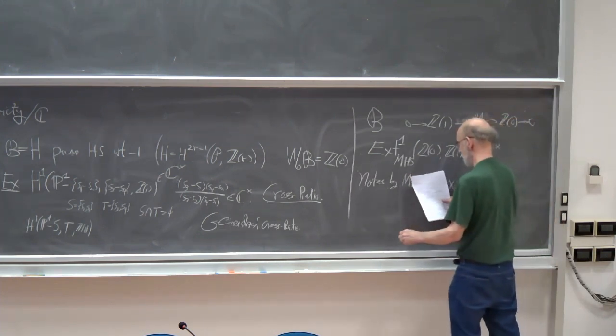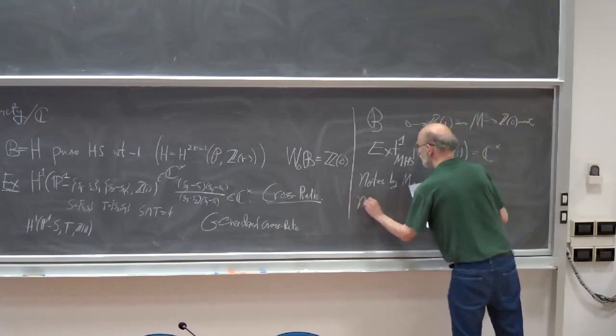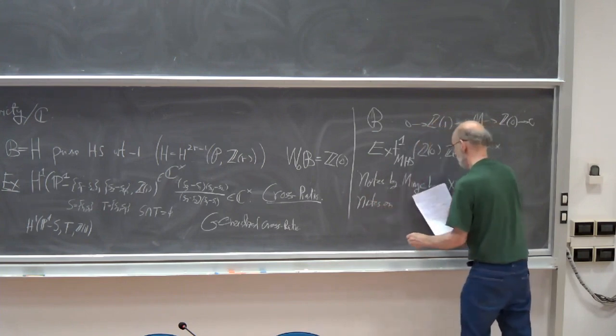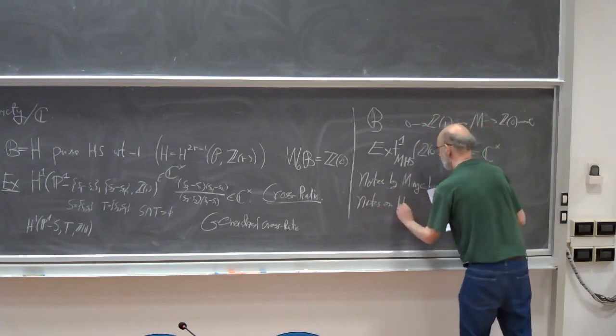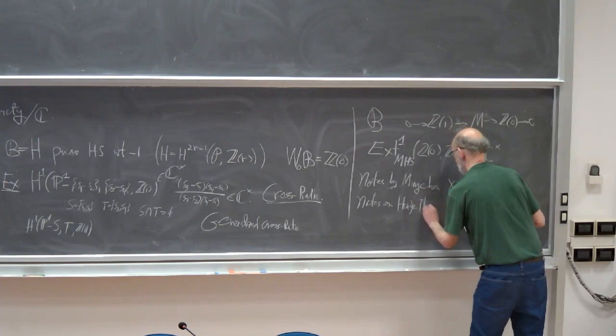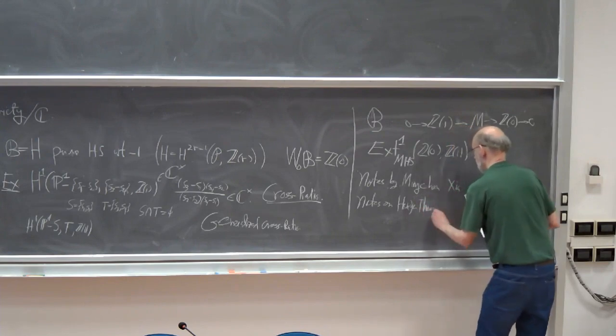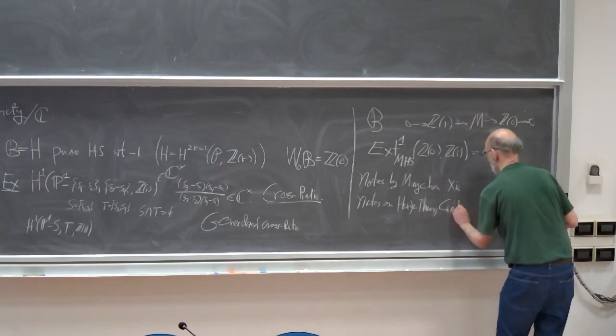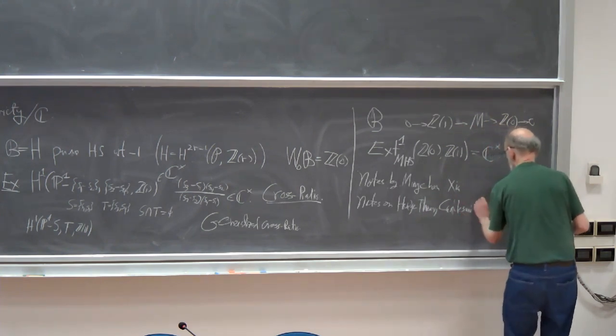And the title of the notes is Notes on Hodge Theory: Carlson's Correspondence.